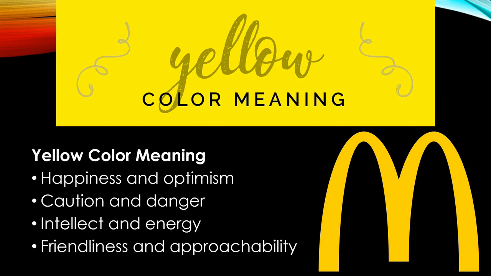The yellow in there is supposed to symbolize happiness. It's supposed to bring people in and let them feel comfortable in there. That's why you see yellow and red combined with gray and black. Now, anyway, we will get to gray and black in a little bit. But yellow is supposed to show happiness, optimism.